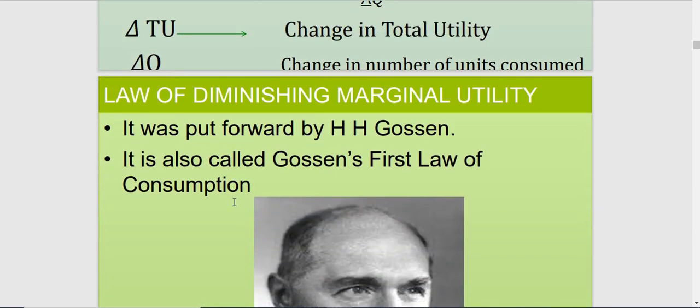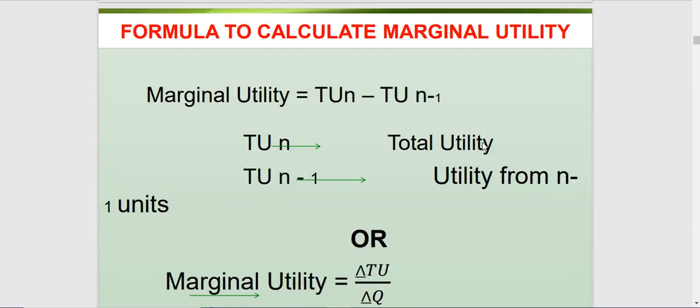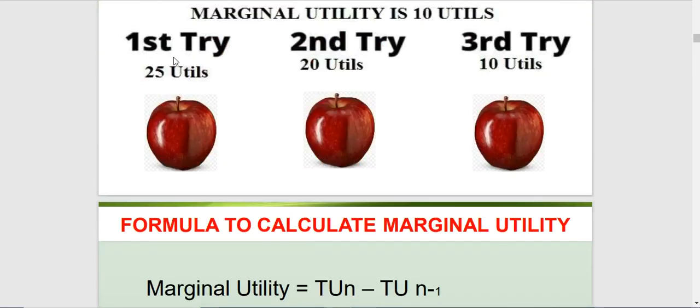Then let us come to the next concept, that is the law of diminishing marginal utility. To be able to understand the concept of utility, we have already shown with this example that as a consumer keeps on consuming successive units of a product, the satisfaction derived by the consumer from every successive unit goes on declining. For example, when the first apple was consumed, the utility derived by him was 25 utils.